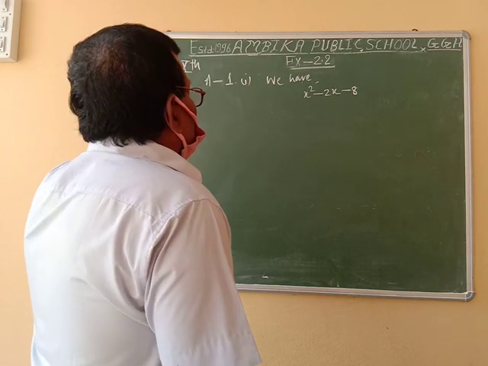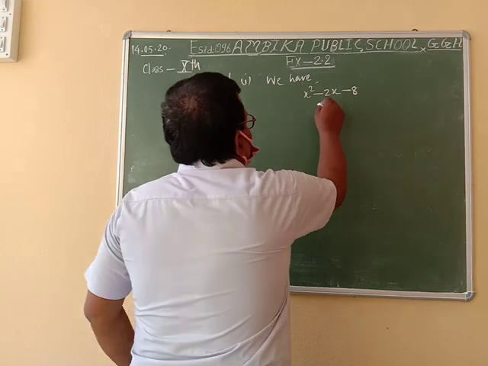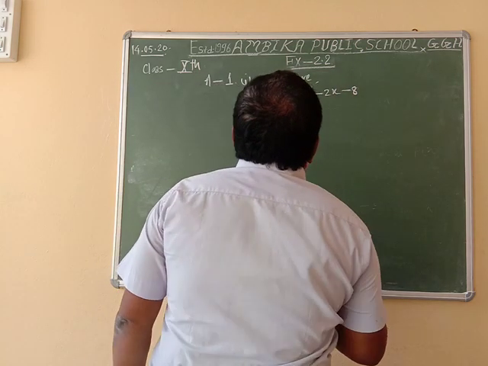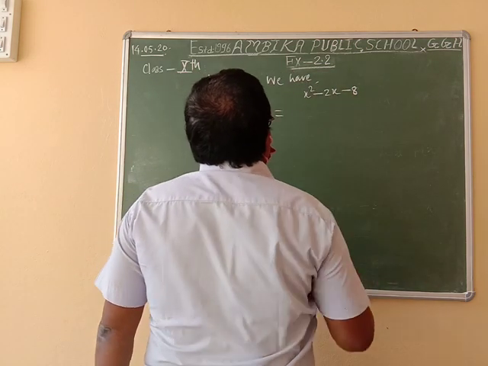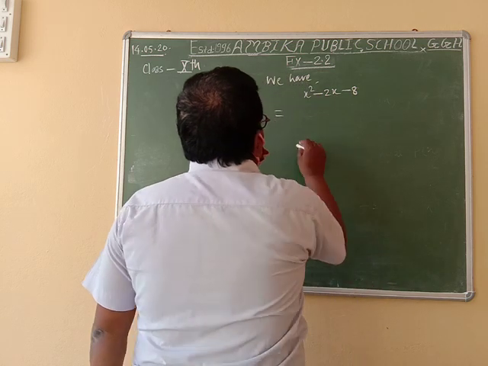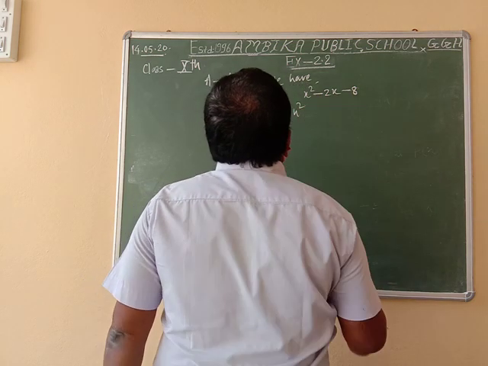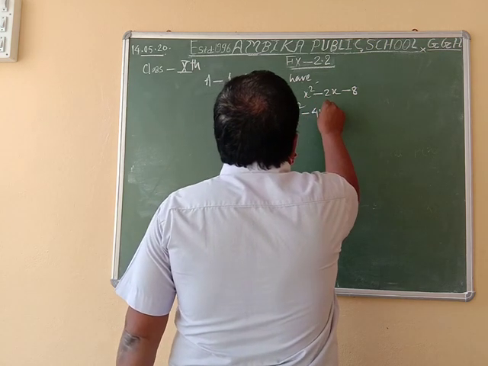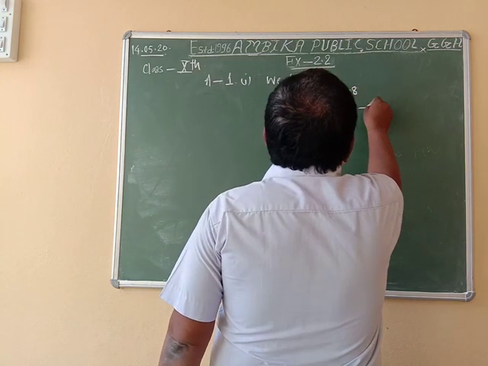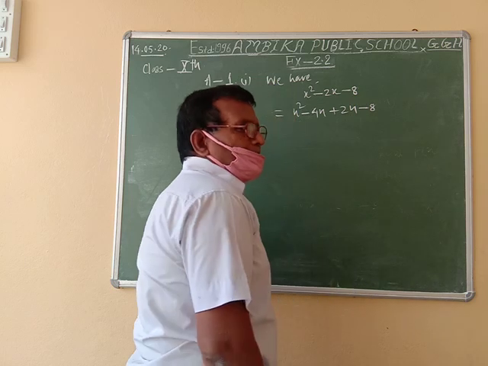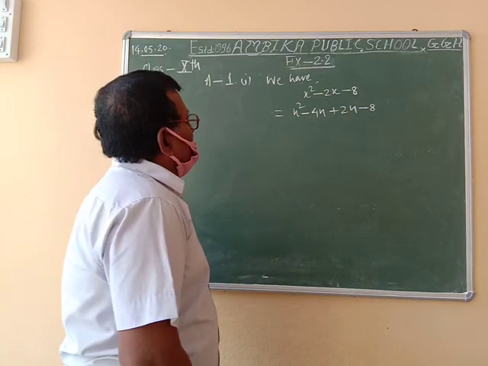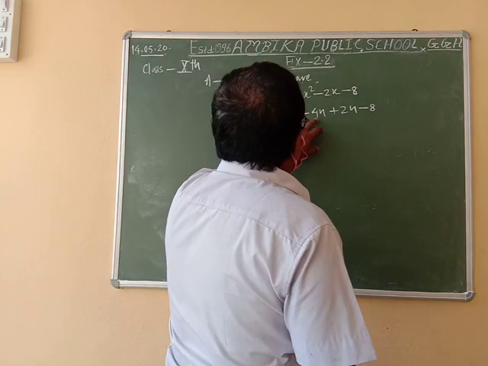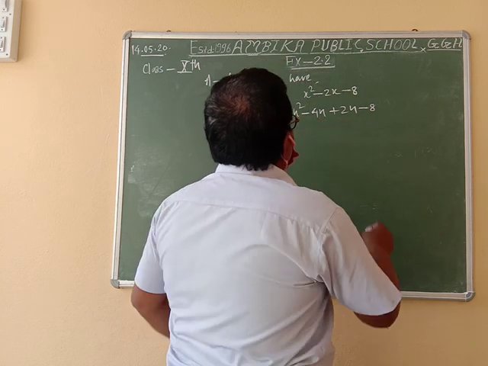So, simplifying, x square minus 2x minus 8 is equal to x square minus 4x plus 2x minus 8. After factorization, we can write x square minus 4x plus 2x.